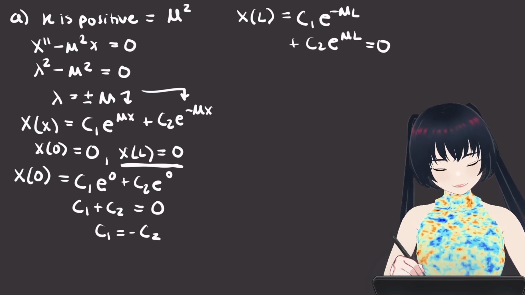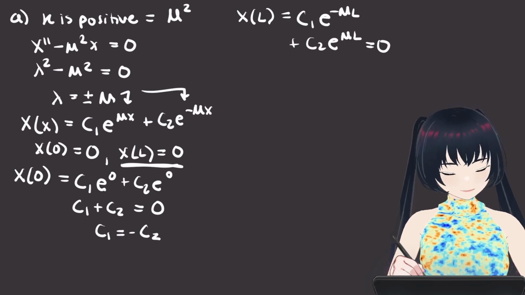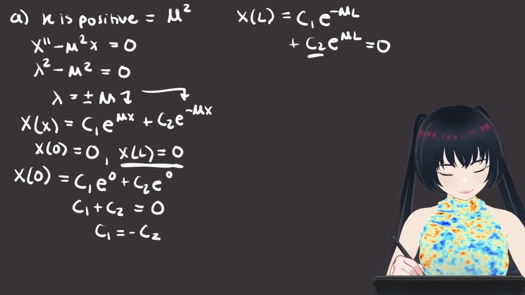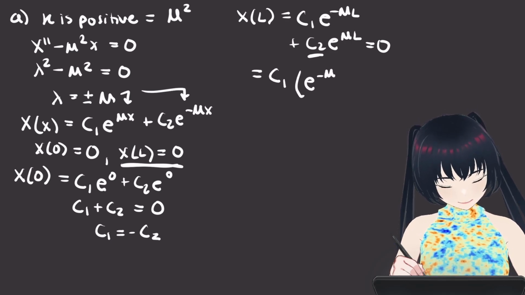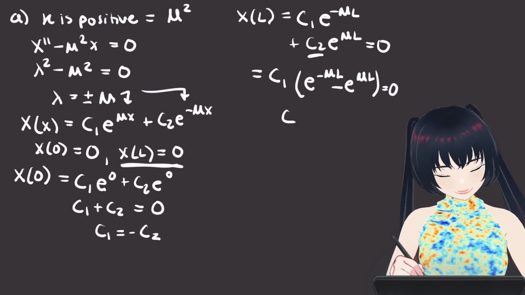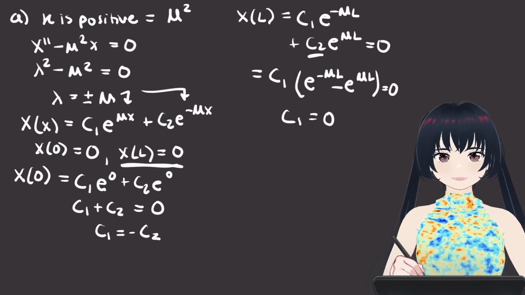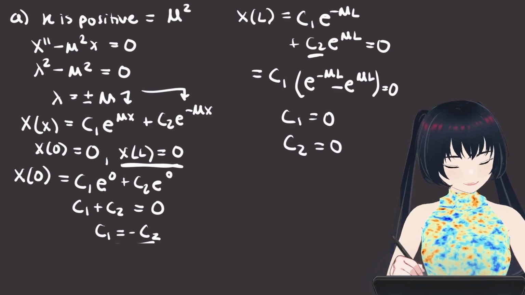So we start out by saying c1 e to the negative mu L plus c2 e to the mu L is equal to 0. But now we can plug in for c2 and take that out. And we get that c1 is equal to 0. But because c1 is equal to negative c2, c2 is equal to 0.